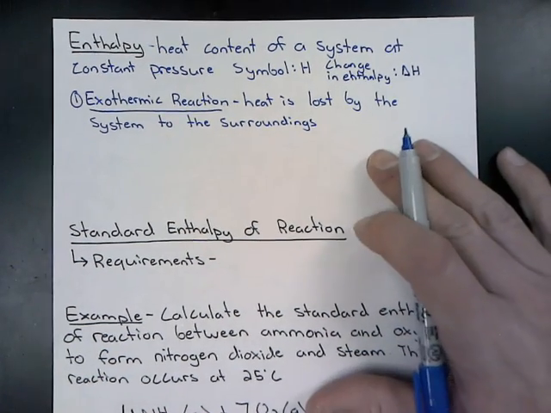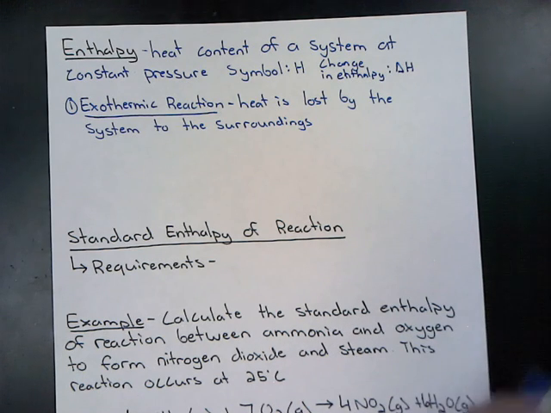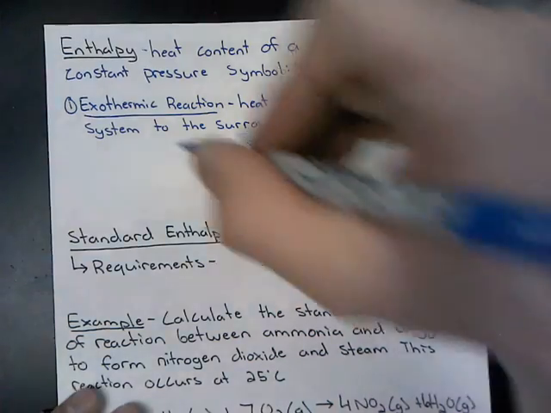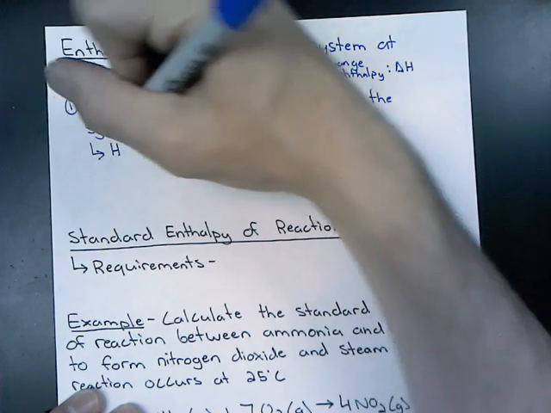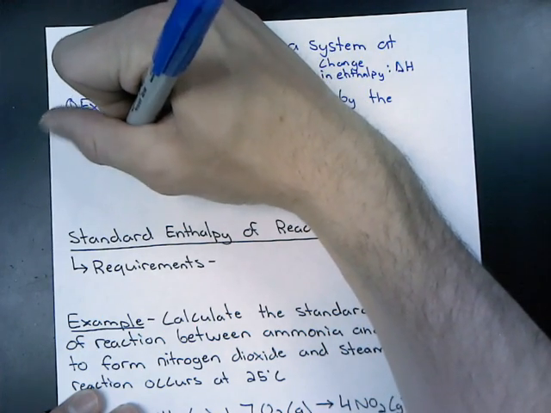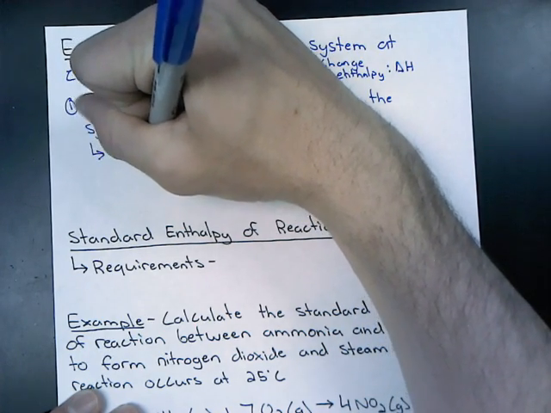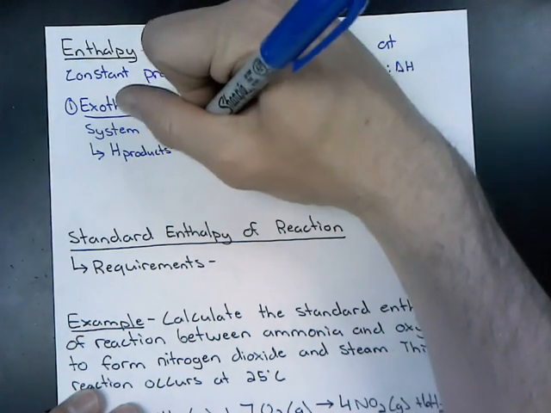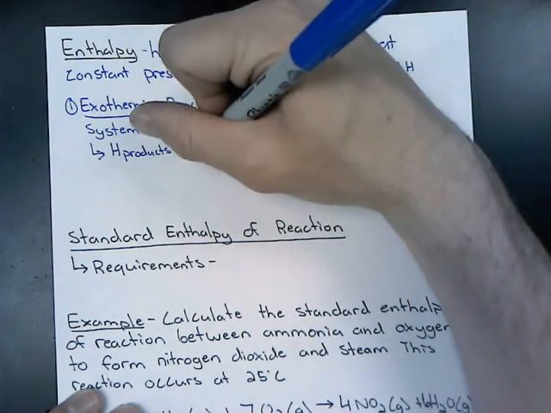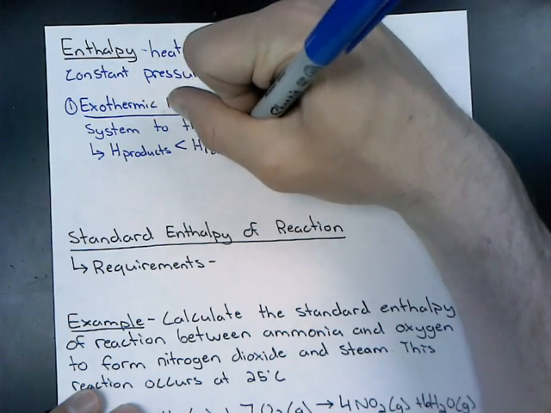So we can get back to an exothermic reaction. We have heat lost by the system to the surroundings. So what happens here is this. We have our enthalpy, H, of our products. In our chemical reaction, our products have a smaller enthalpy than our reactants.